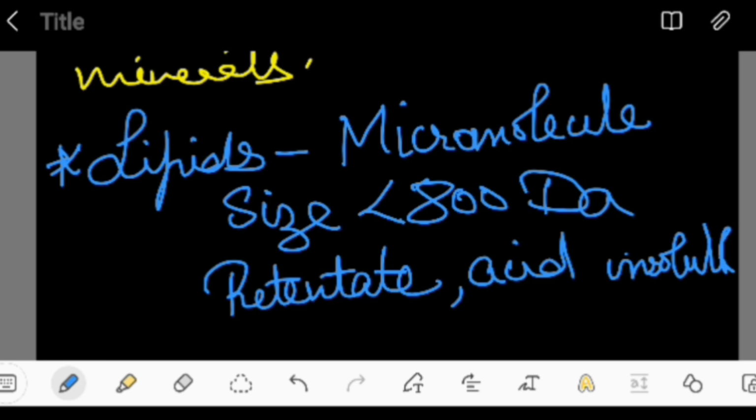Even though they are micromolecules with size less than 800 dalton, they are retentate, and thus they are an acid insoluble compound. Why are they called acid insoluble compounds? I will teach you when we are dealing with lipids separately, the reason why they are retentate.